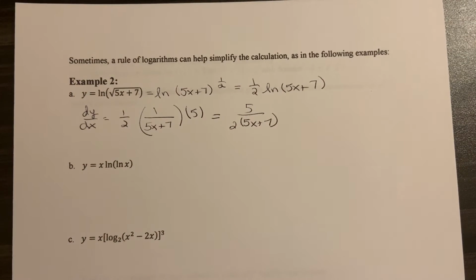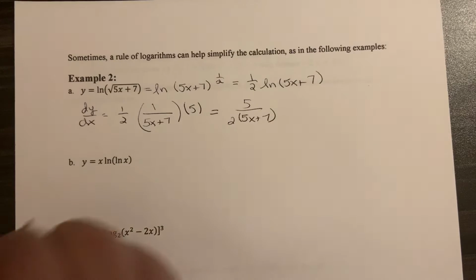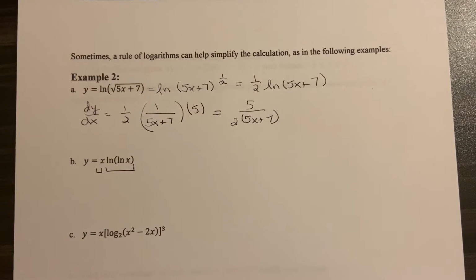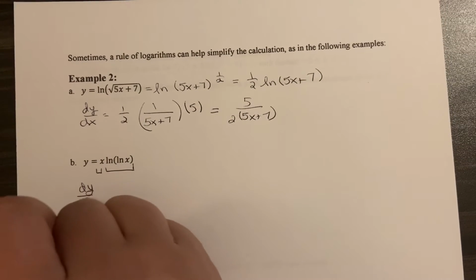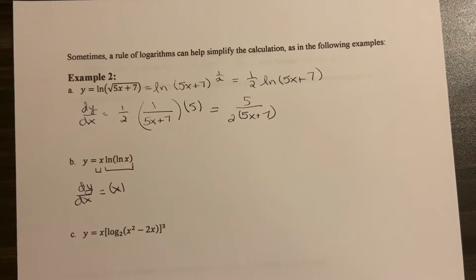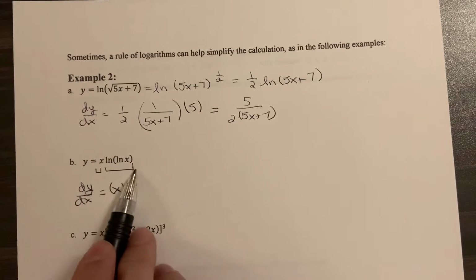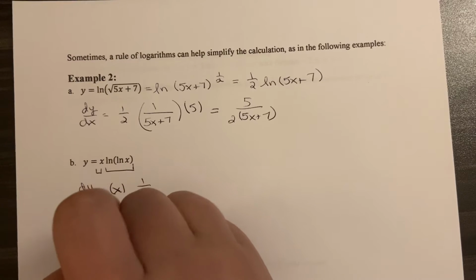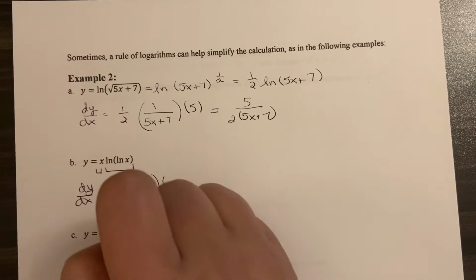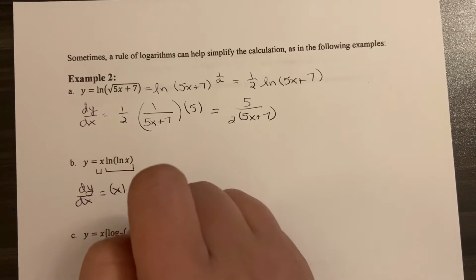Okay. The next one, I would want to do product rule, or think of it like product rule. And think of it like that function times that function. So dy dx, I would do x as is times the derivative of ln of x. So that would be 1 over the function ln of x times the derivative of ln of x, which is just 1 over x.